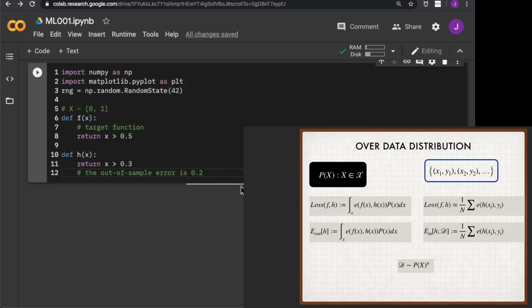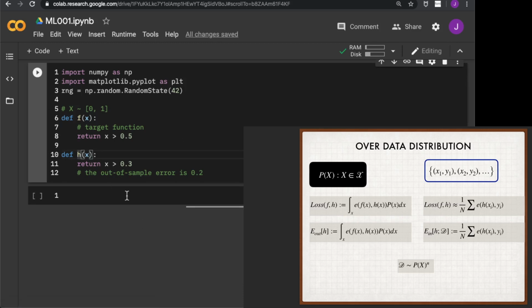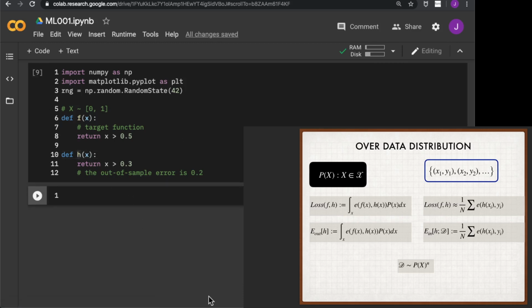Now let us simulate the situation where we do not have this oracle value of the out-of-sample error. We can only evaluate our h using some random data samples. Let's simulate one experiment.